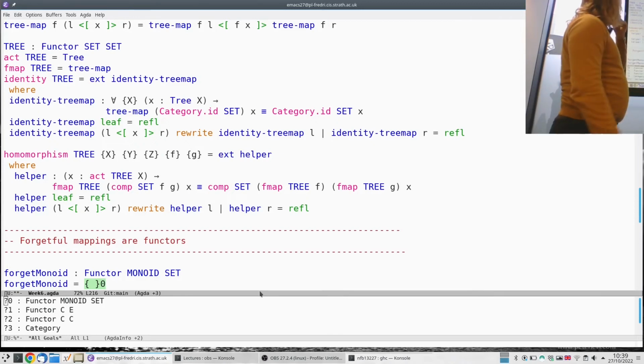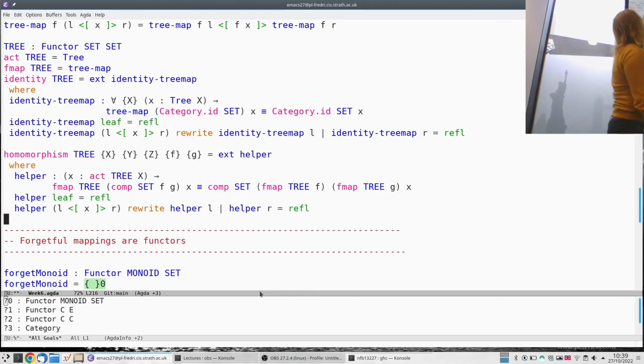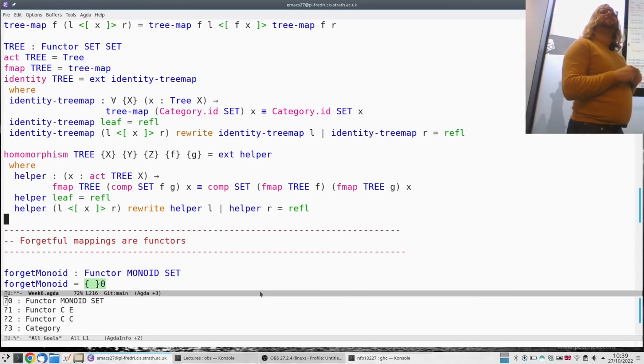But okay, so we've seen one example of a functor, something you could have written in Haskell, right? Because it goes from set to set and it deals with containery things. I can see why they are the same, you just want to double check.